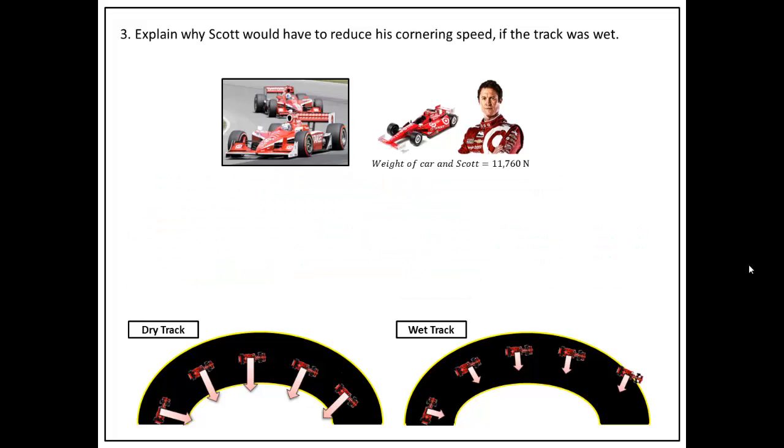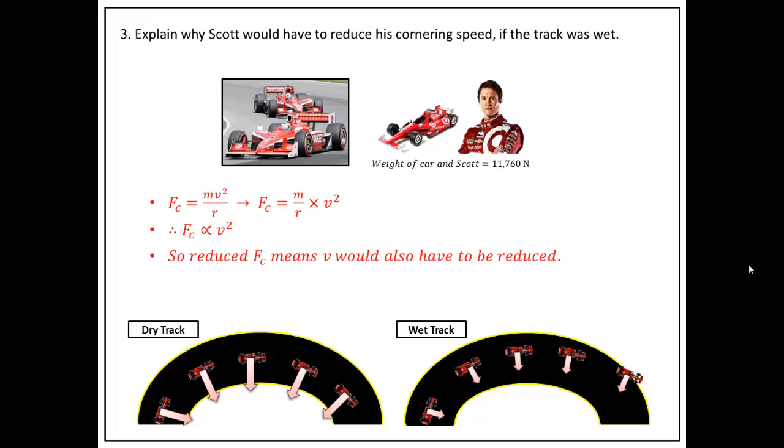If we approach this mathematically, you should be able to see from the centripetal force equation that centripetal force is proportional to velocity squared. Therefore, as you reduce the centripetal force, you must reduce velocity, or the magnitude of velocity, which is speed.